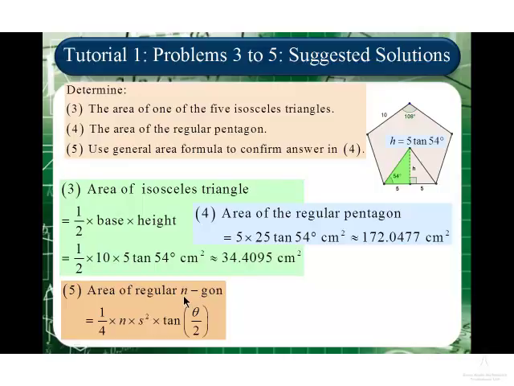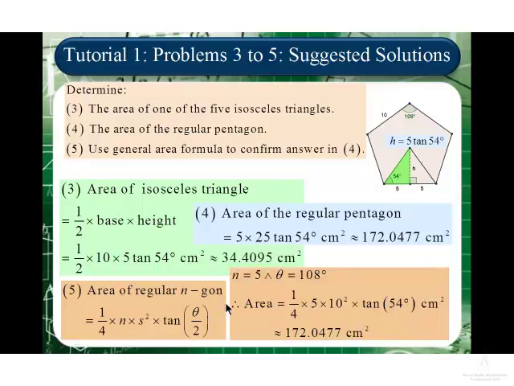If we apply this formula now in this case, where n is equal to 5, and the interior angle theta is equal to 108 degrees, and substitute into this formula and calculate, just check this, we have exactly the same answer. So this then, of course, agrees with what we have calculated in part 4 of this particular tutorial.